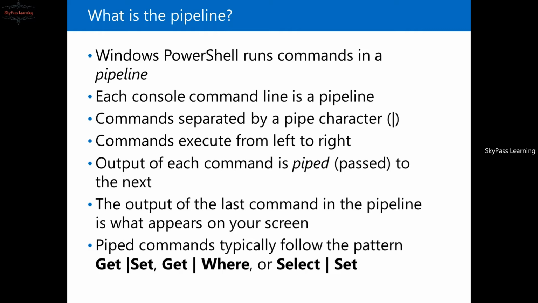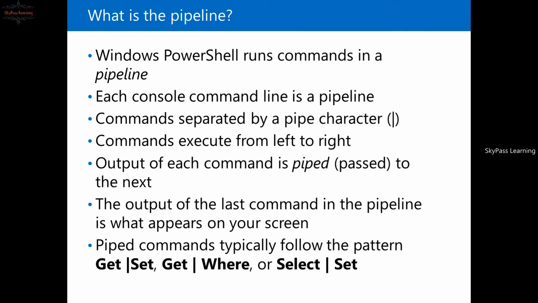You can place a pipe between two Windows PowerShell commandlets and pass the first command's output to the second command.